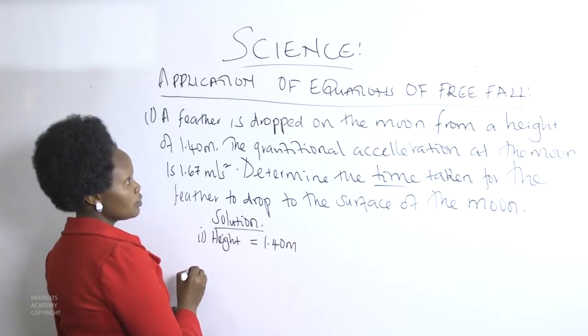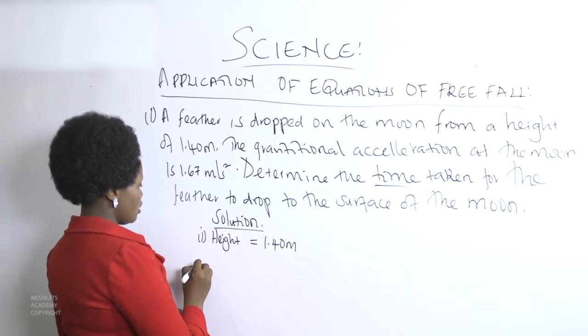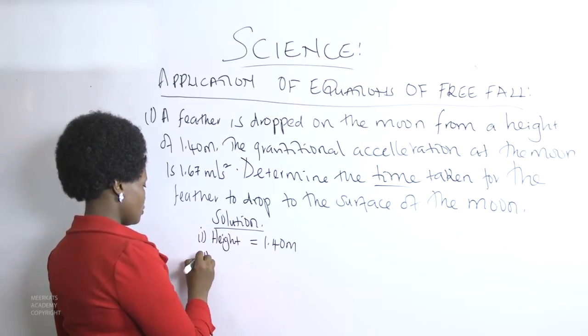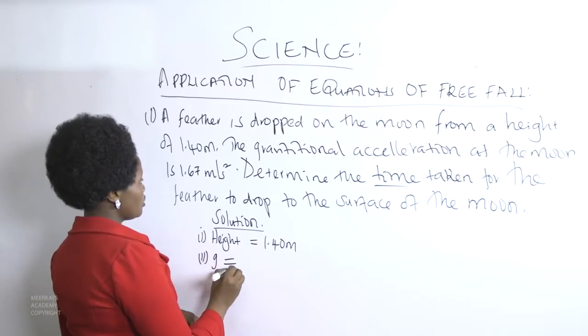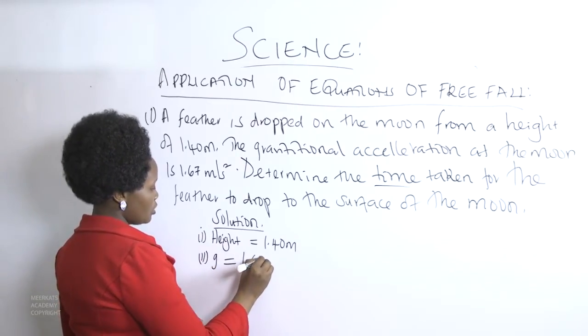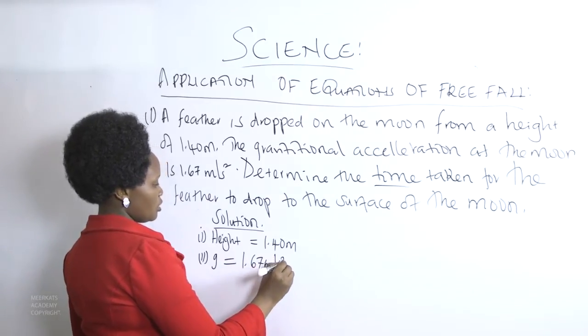Then we have the acceleration g, which is 1.67 meters per second squared.